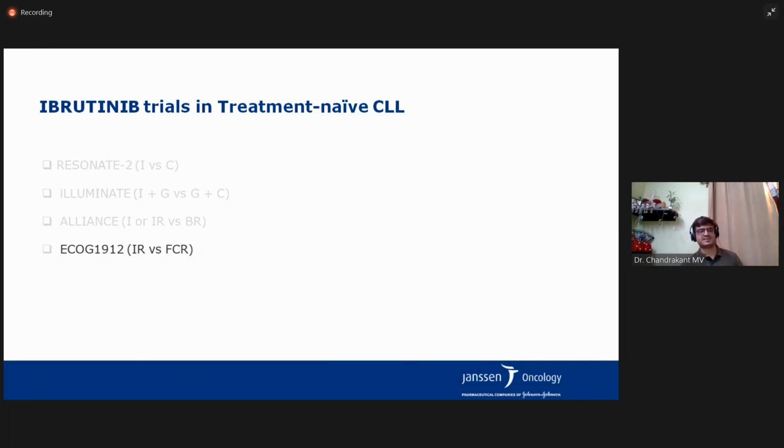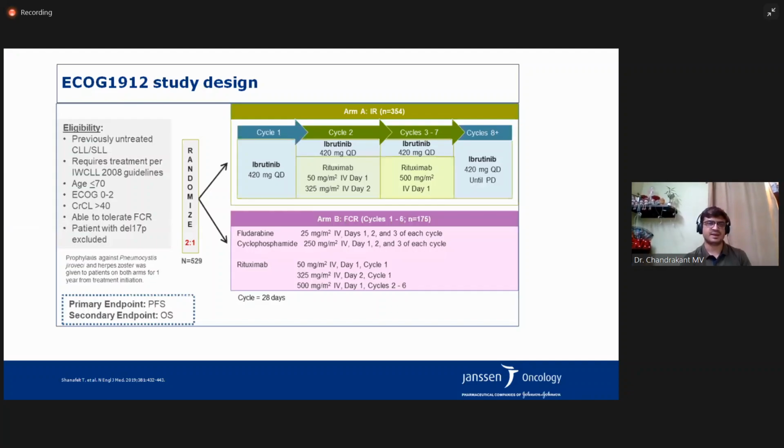And then coming on to the last trial, that is ECOG 1912, where there is a head-to-head comparison of the best chemotherapy regimen, FCR, versus ibrutinib rituximab. So you can see previously untreated, age less than 70, because they have to be fit, they should be able to tolerate it, and patients with deletion 17p were excluded in this particular trial. 2:1 randomization, ibrutinib rituximab versus FCR.